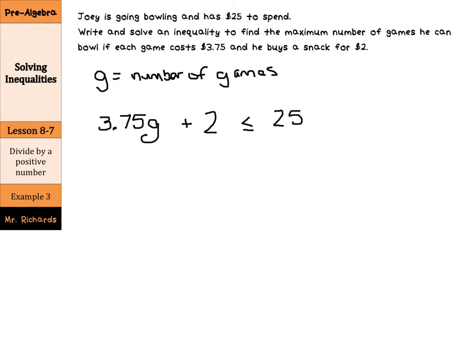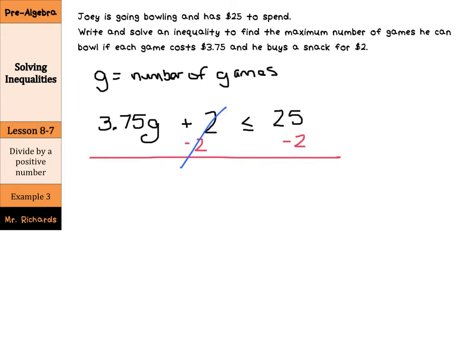Why less than or equal to? Well, the number of games he plays times the cost plus his snack can be equal to 25, but it needs to be possibly less than. So less than or equal to. He cannot spend more money than $25. He only has $25.